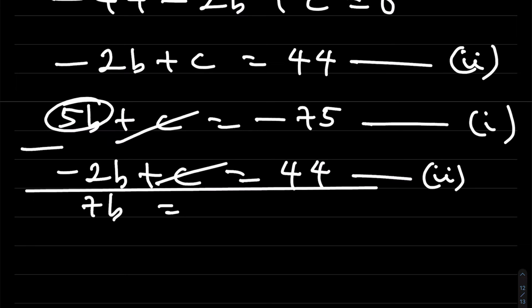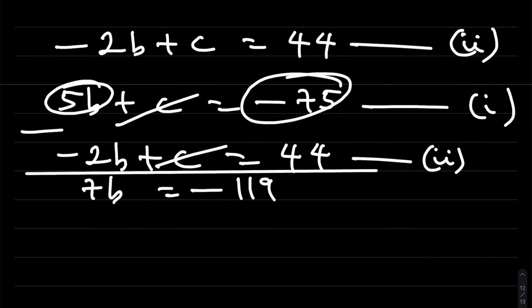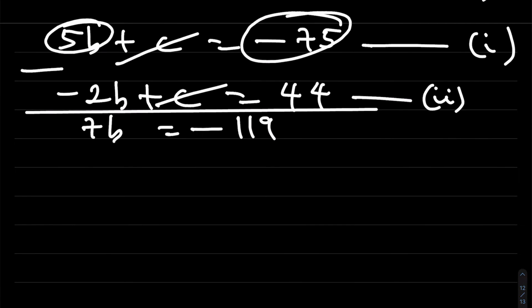And that means 7b equals minus 75 minus 44. That's minus 119. I hope that's correct. Yeah, that's correct. And what do we do to get b? We divide both sides by 7 to get b.